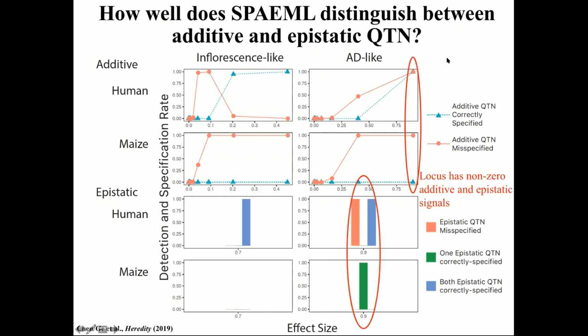And another thing to point out for this Alzheimer's disease-like trait, this locus over here, we simulated an additive and an epistatic effect there. So basically what this result is telling us is that spamel for the human data set is capable of distinguishing between an additive and an epistatic signal at the same locus.